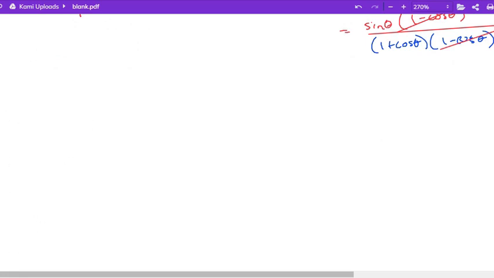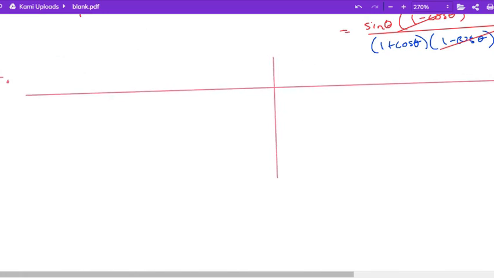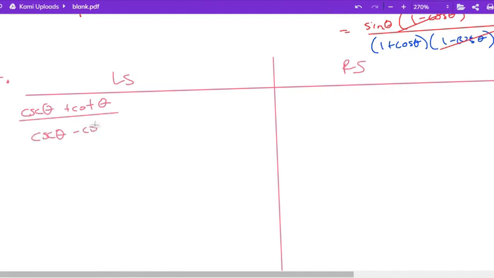Let's make it pink just because it makes us happy. Okay.